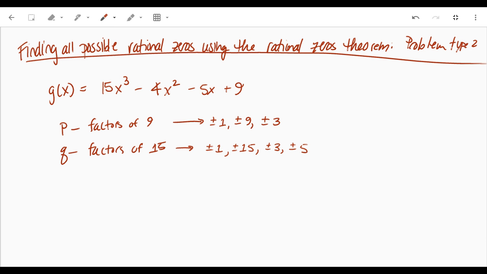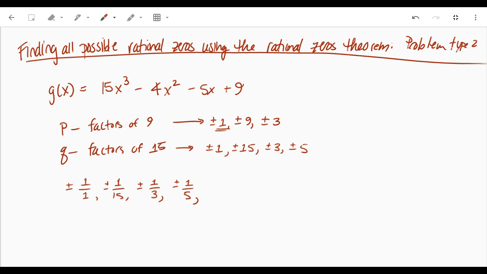Okay, so now there's a ton of combinations here, right? We do all your P's over Q's. You start with the 1, so you'd have positive and negative 1 over 1, 1 over 15, 1 over 3, 1 over 5.